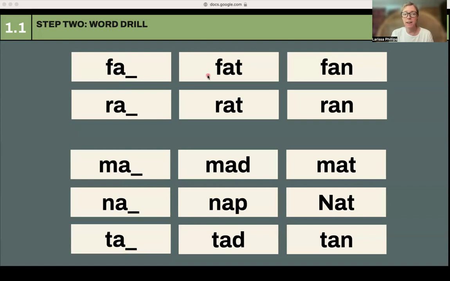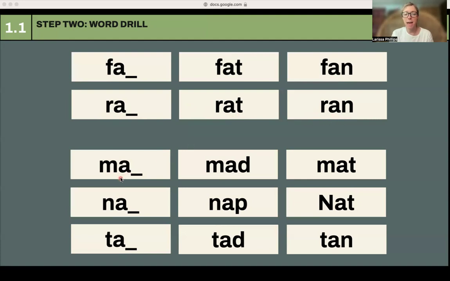Fa. And now we have sounds dropped in at the end. Fat, fat, fan, or fan. I say fan. Ra, rat, ran, ran.